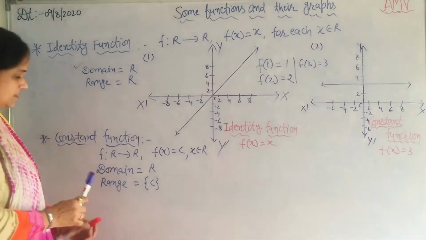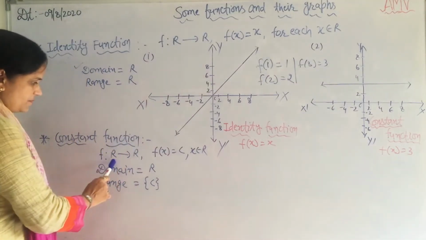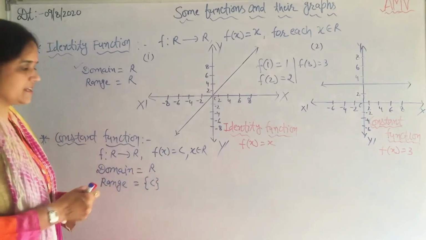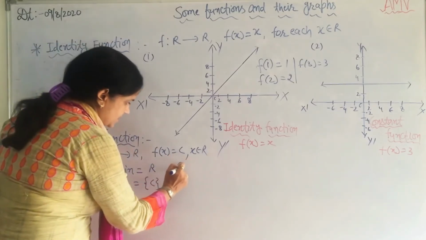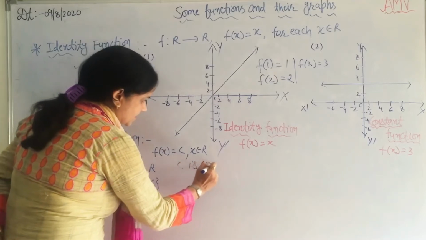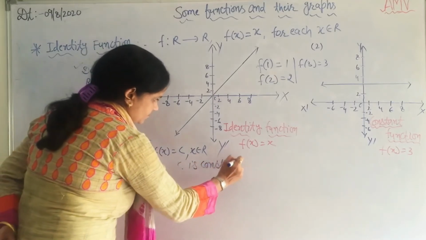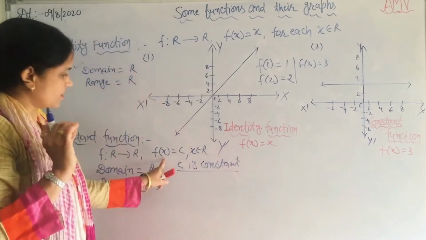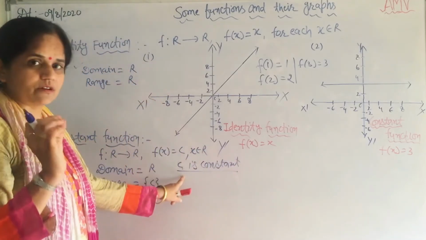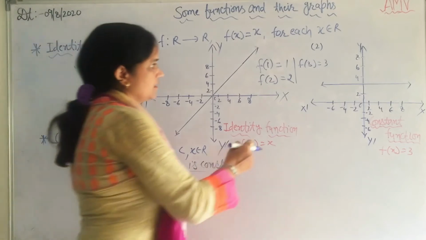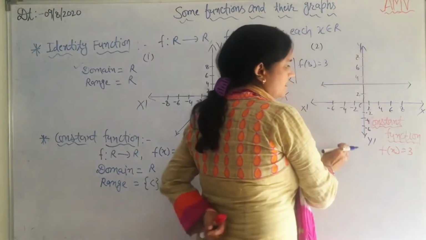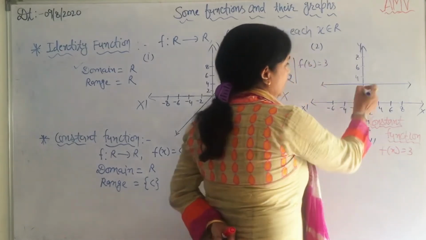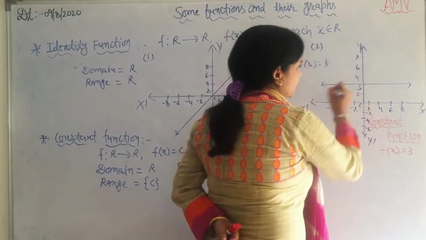constant function. A function defined from R to R, f(x) is equal to c, where c is a constant. Okay, it means the image of all x is the constant number c. This is the graph of the constant function f(x) is equal to, here, 3.